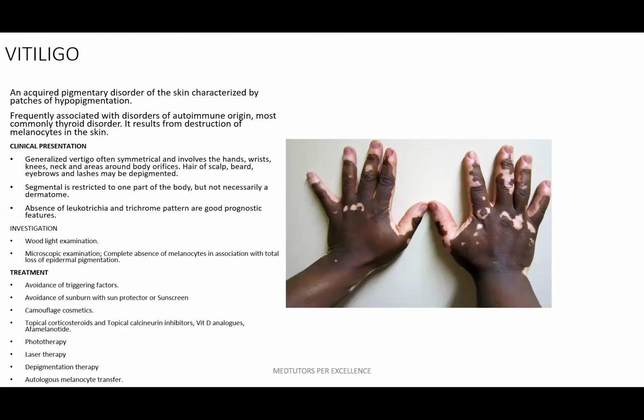Now, vitiligo. You'll see some people having whitish patches all around, especially around their orifices, like their mouth, around their nose, in their neck. If they are dark skinned, you just see yellowish patches somewhere around their mouth, their nostril, their neck, or in their body.